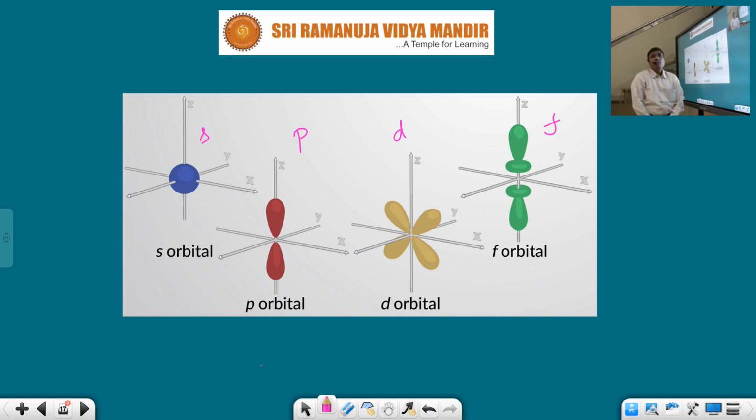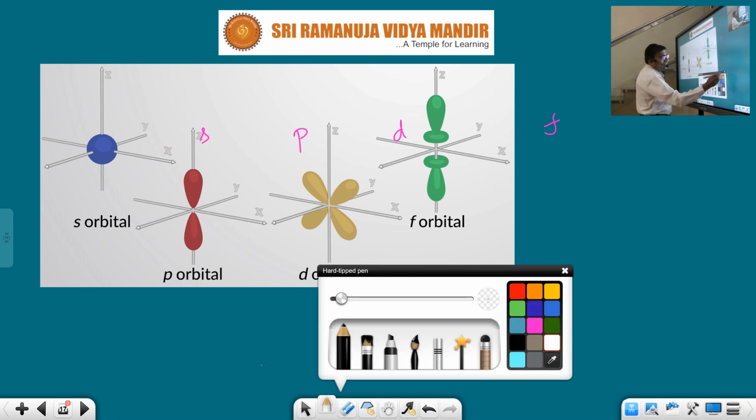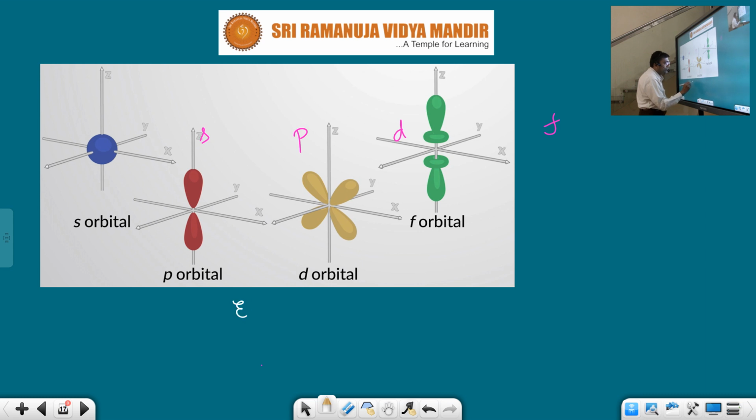You may ask, how do we define an orbital? Very simple. An orbital is nothing but the electron's residence. That is the simple way to remember it.